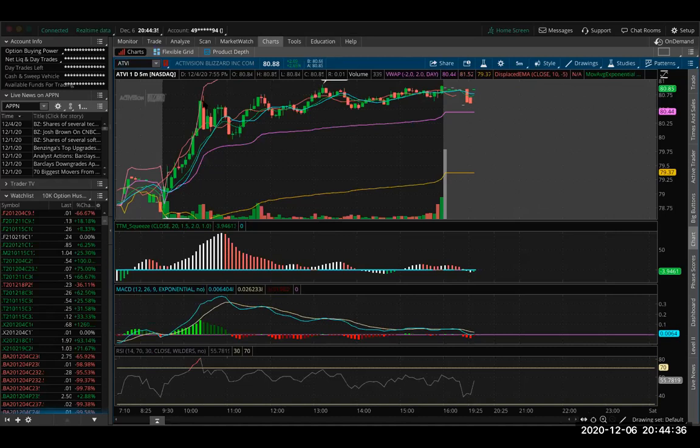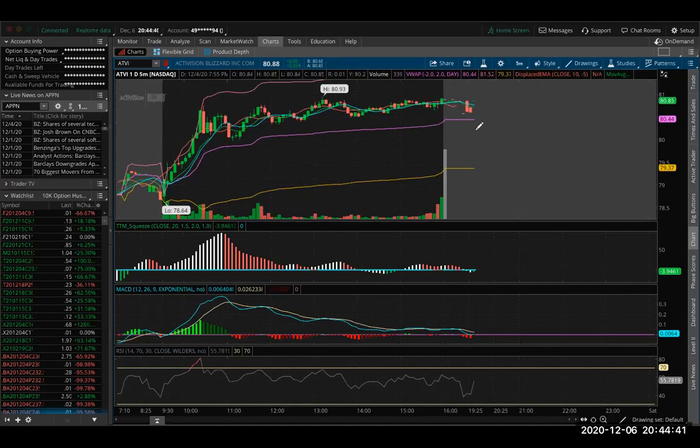I was looking at it, and also through another Discord, someone had said that there was a possible cup and handle on the monthly and even the quarterly.